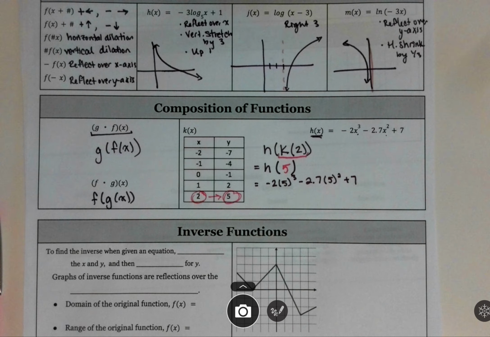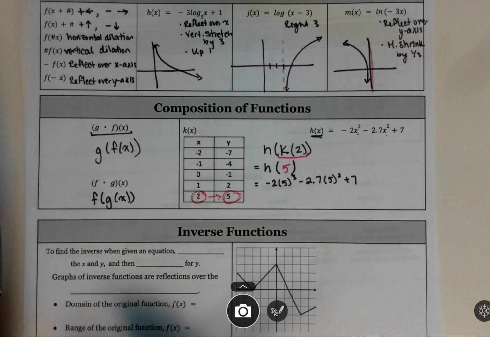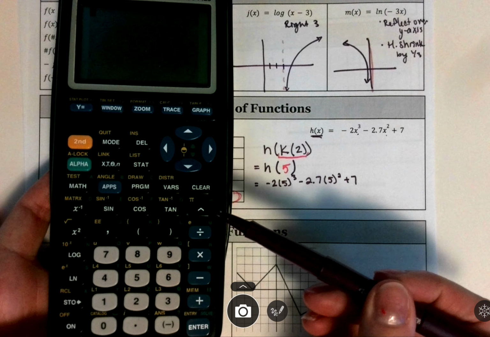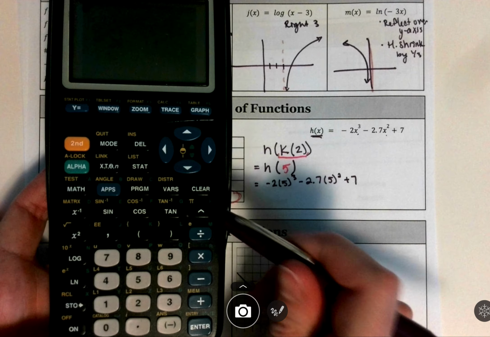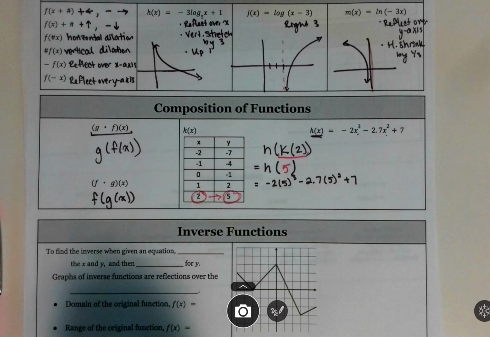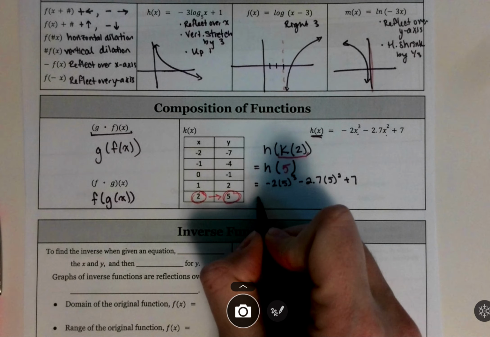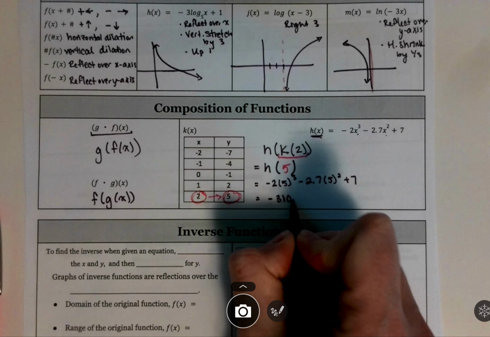So I would have something like that. And then when I type it in, when you're doing an exponent of 3, we want to use our caret button there. It looks like a little hat or a little arrow up. And I get negative 310.5.